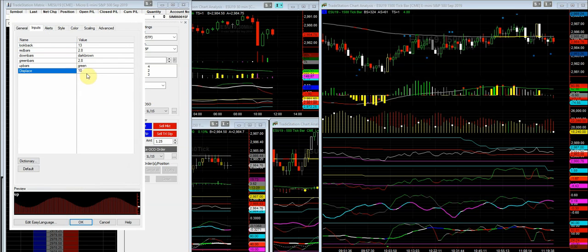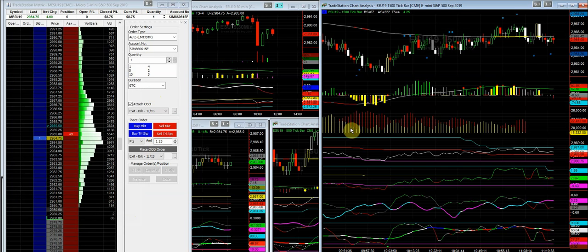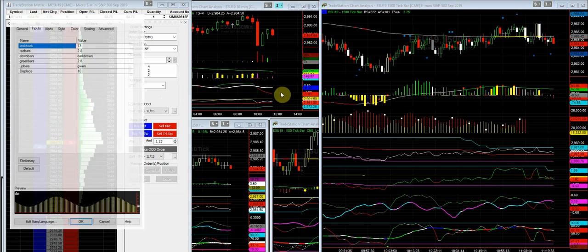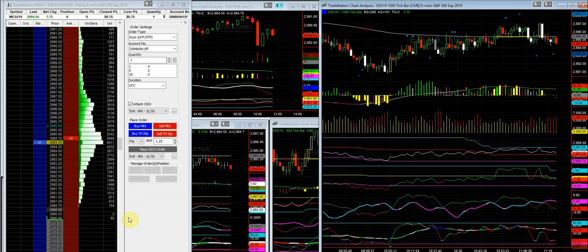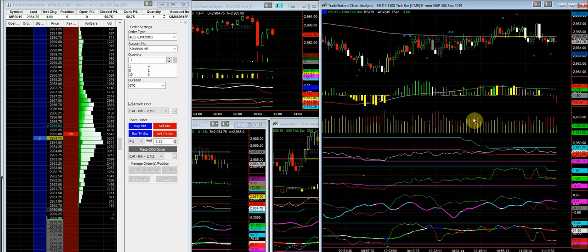So we'll shift this to the left, click OK, and you can see how the shifting occurs. Then let's take that off, make this 3 bars, and make it 0 displacement. This is basically how it looks in real time with just 3 bars.